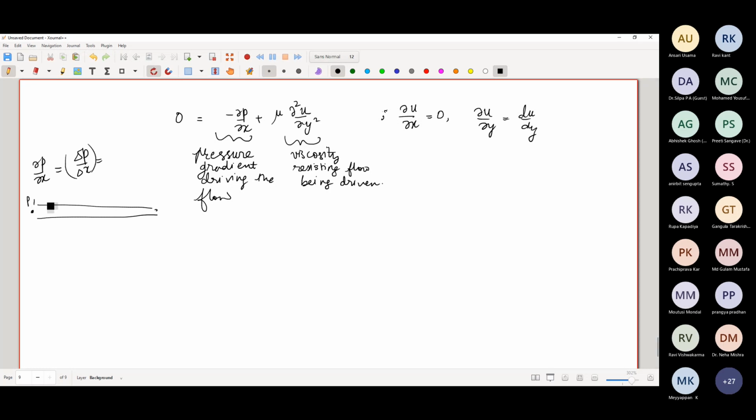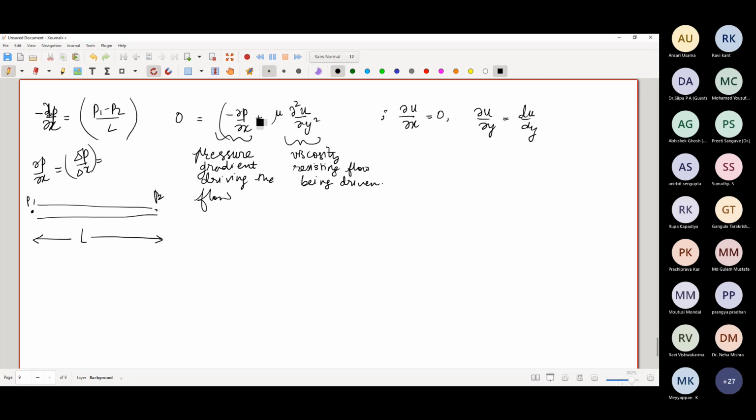If this is p1 and this is p2, then minus del p del x comes out to be p1 minus p2 over L, where L is the length of the channel.